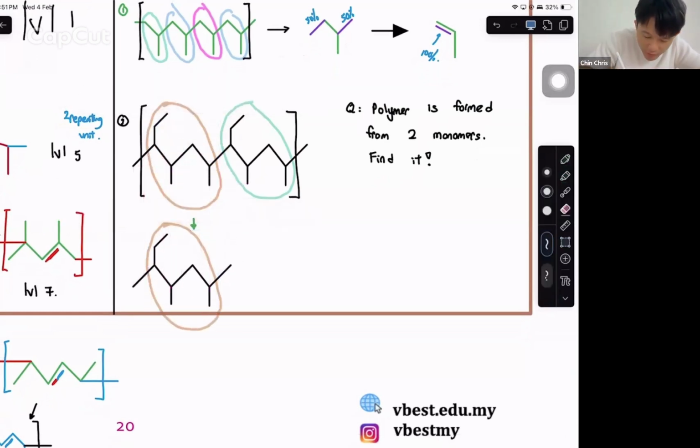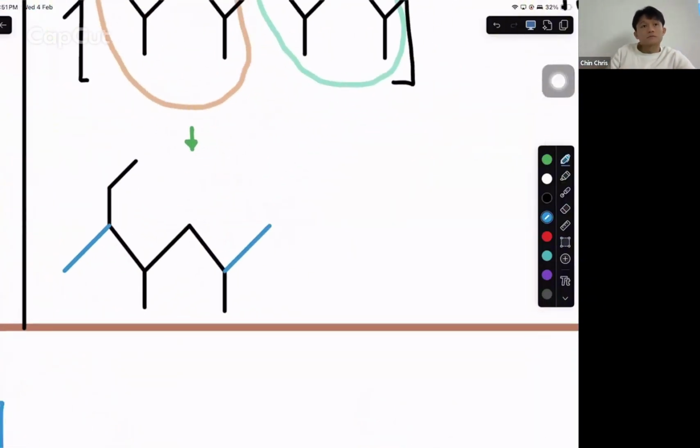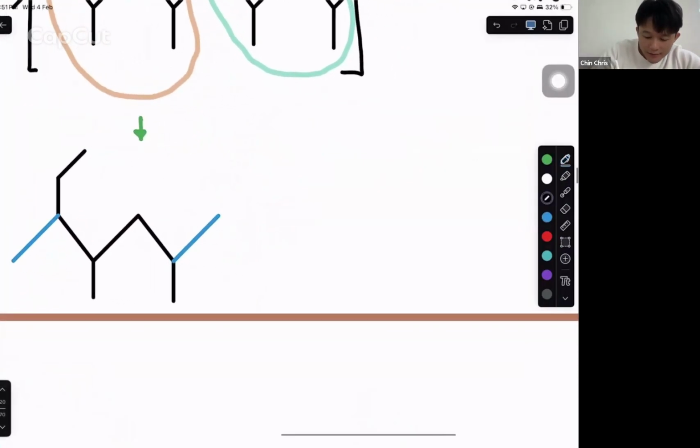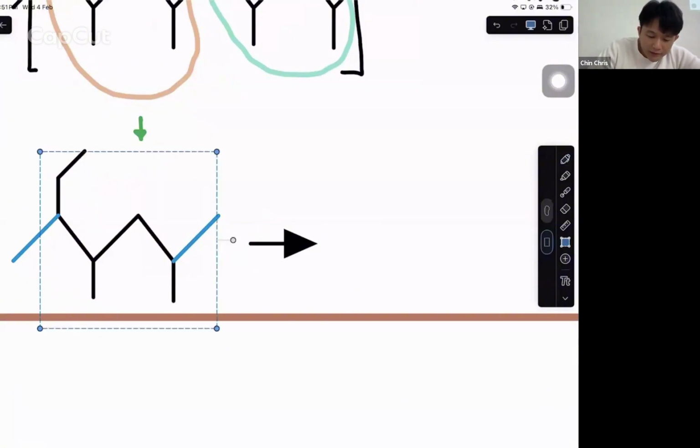The first thing is to find a connecting line. Correct or not? Next, the connecting line is always a 50%, so bring it back to the left, bring it back to the right.